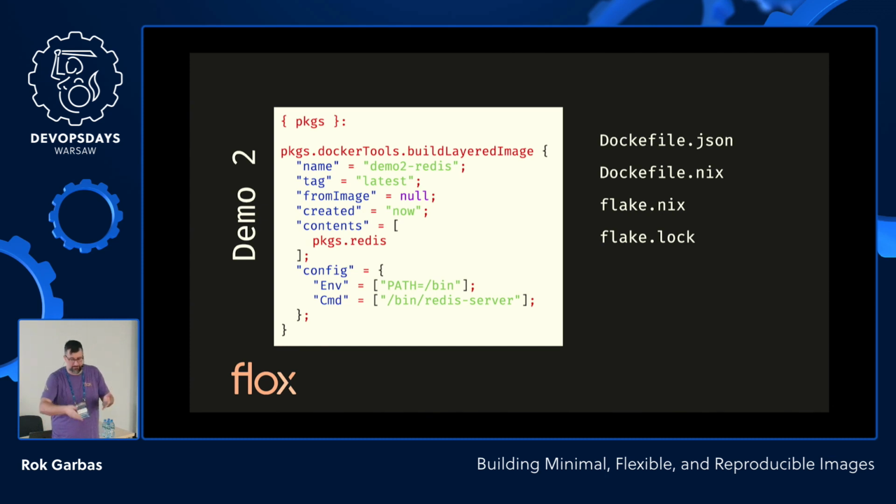Give me Redis, I don't know, any other package, Node.js, Python, Java. You describe what you want in the final image, and not the way how to get there. I think our tool should be smart enough to know what to do if you tell it, give me a few packages, right?